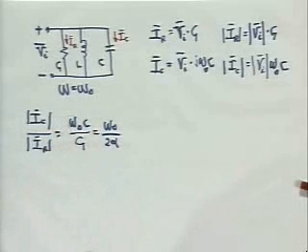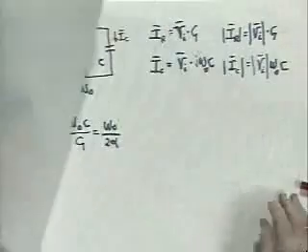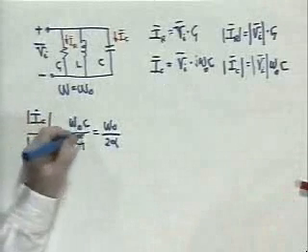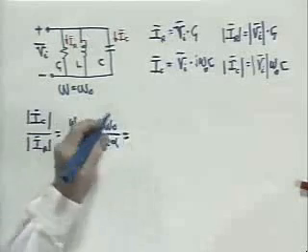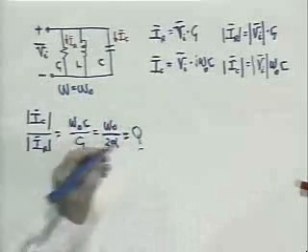And here's our definition: 2 alpha is G over C. So 1 over 2 alpha is C over G, and this is, as a matter of definition, Q, the quality factor.